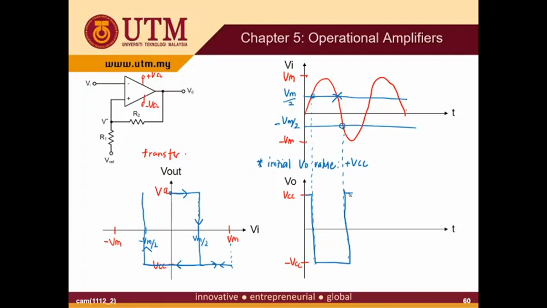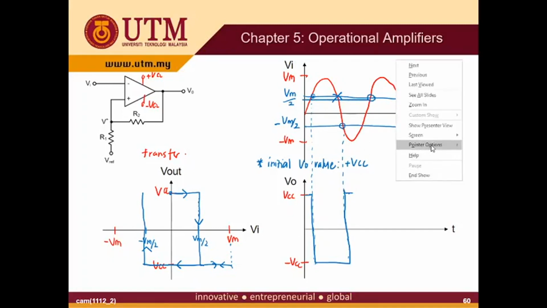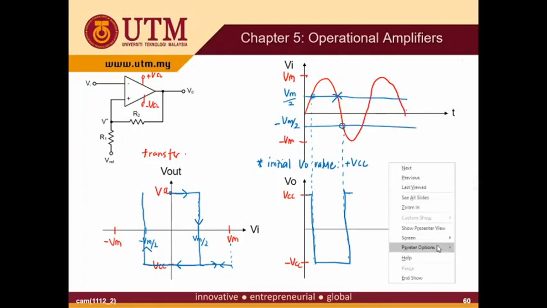Okay, so now the current state of the Vout is plus VCC. So the next transition point is VUTP. So this is the transition point. Okay, so this transition point can be ignored.